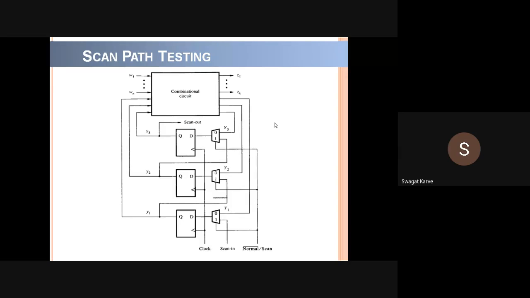Okay, now the third one is testers do not need to have a complex test vector generation capability for all pins of the chip, right? Means as testing vectors are generated automatically, as a tester you do not have to generate that complex test vector, right?